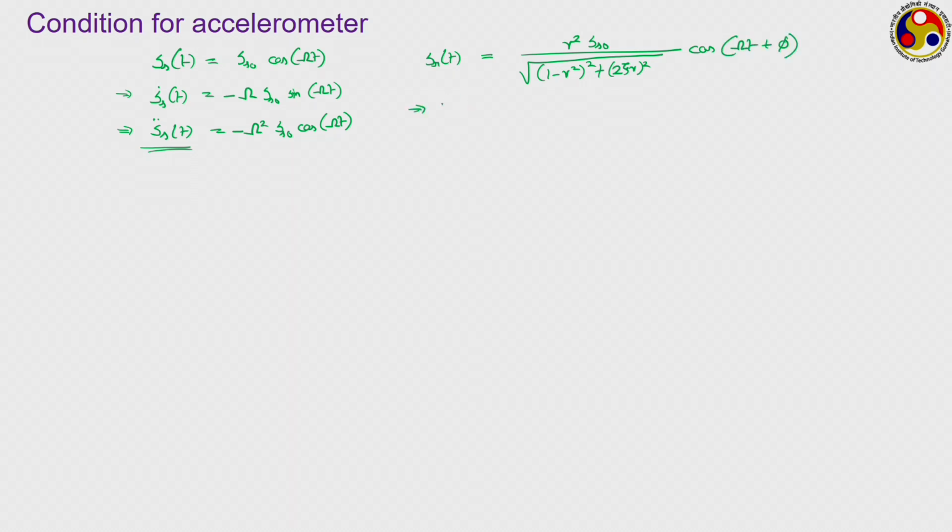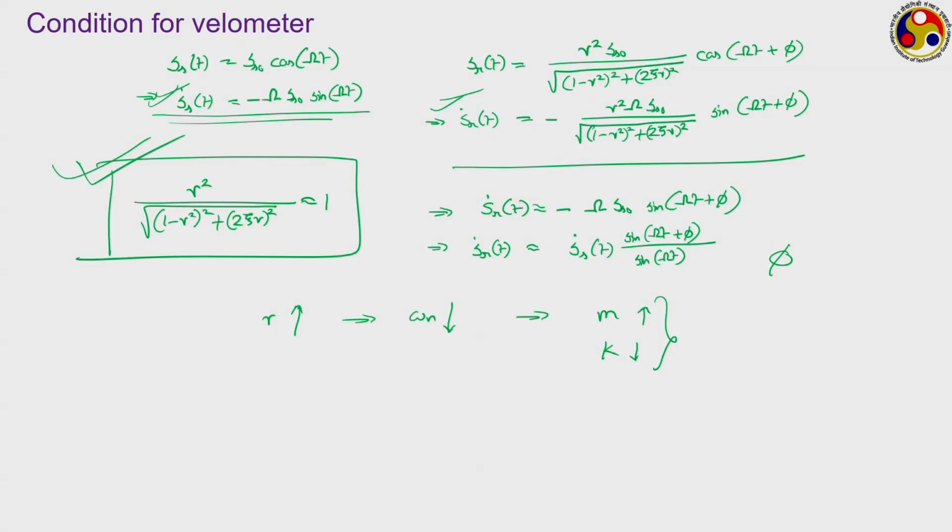If we differentiate it with respect to time once, like we got in the previous slide, S_R dot(t), this will become minus r square omega S_S0 by root over (1 minus r square) whole square plus (2 zeta r) whole square, into sin(omega t plus phi). This is the form that we have used in the previous slide.